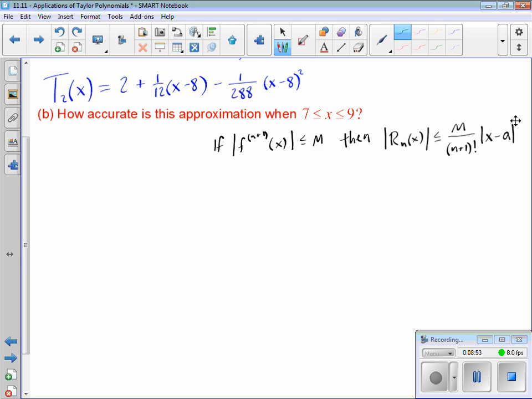This is just on the first page, exactly the same thing. I just want to have it here so we can reference everything.